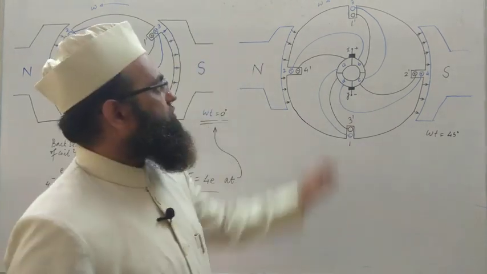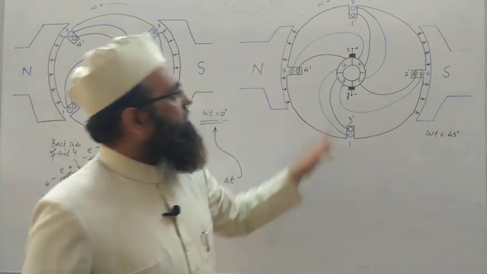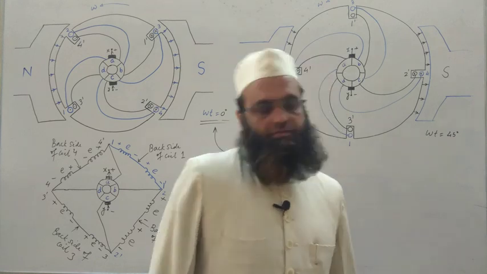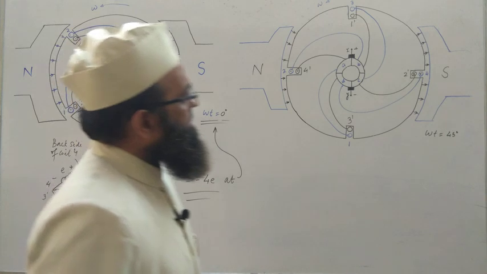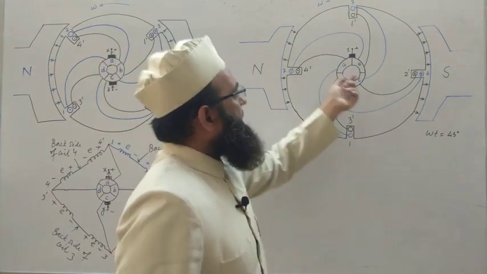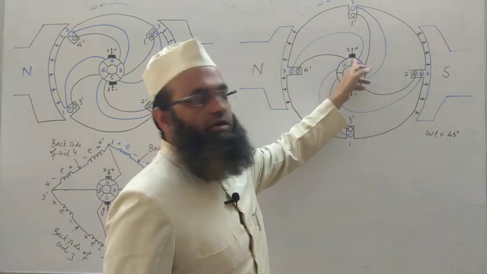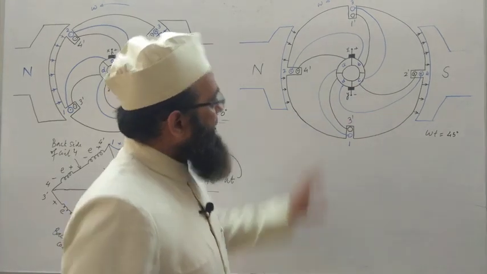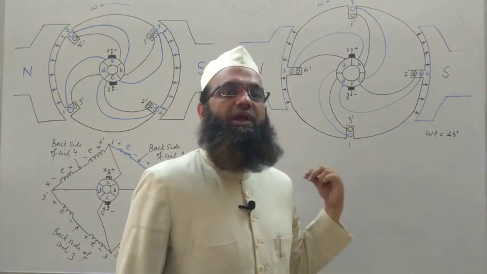No EMFs will be induced in coil 1 and 3, as at this moment the position of these two coils are along the magnetic neutral axis. Secondly, the brushes connect the two commutator segments, meaning they short the commutator segments A with B and C with D. It means the two ends of coils 1 and 3 are being shorted at this moment. How?